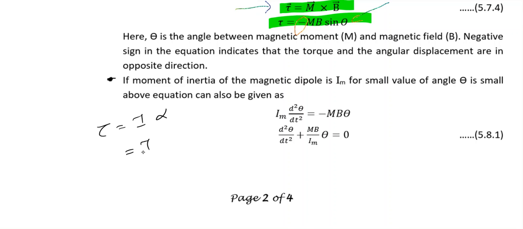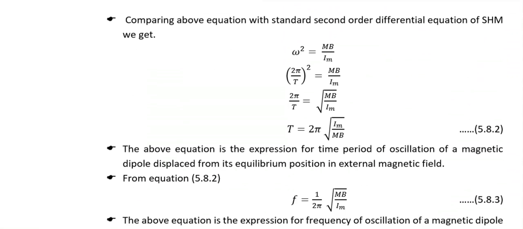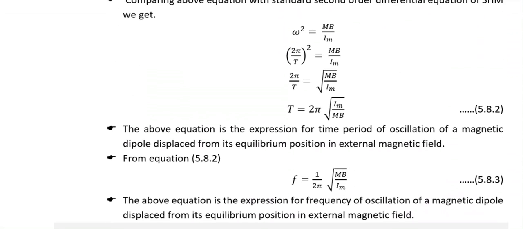I is here mentioned as Im, and alpha is d omega by dt, or else you can write this as d2 theta by dt square. So with small angles you will end up with this, which is very similar to the second order differential equation of SHM. Compare, simplify, and this is the formula for time period, and from that you get the formula for frequency.